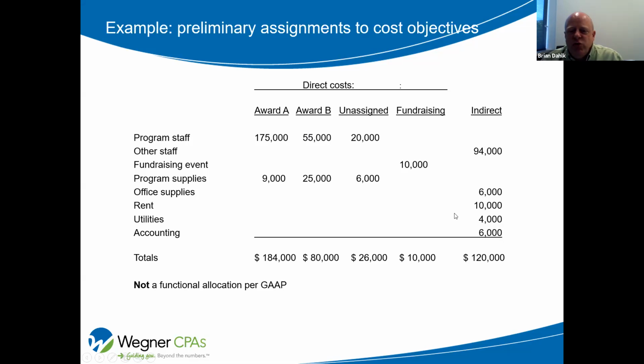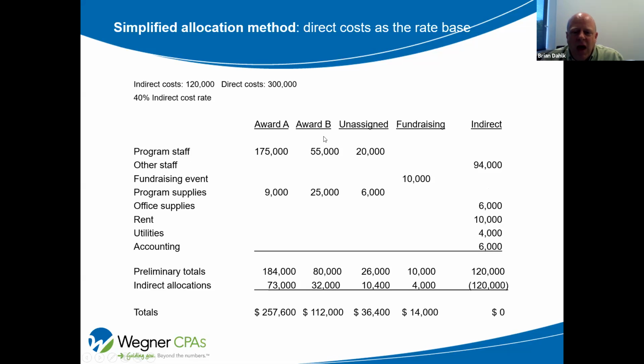Let's say it wants to do the simplified allocation method. And one way it could do it would be based on the relative amount of direct costs that each of the direct categories incurs.